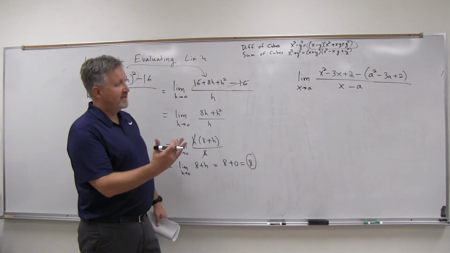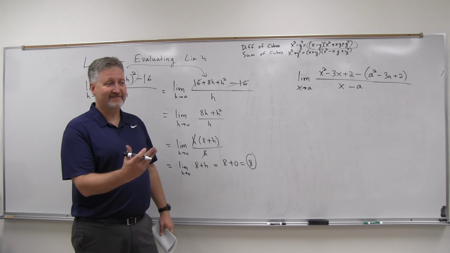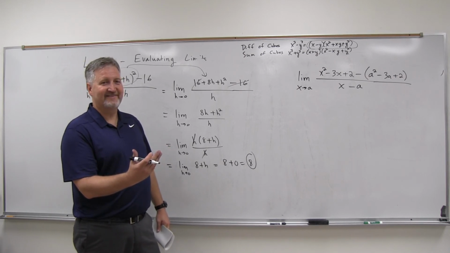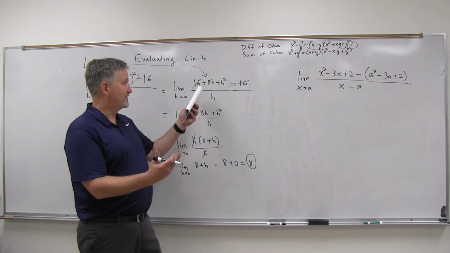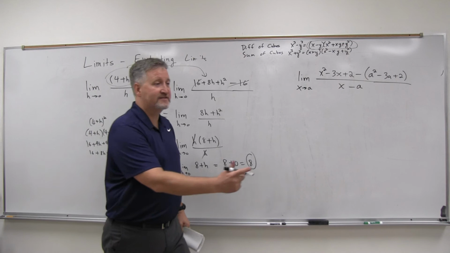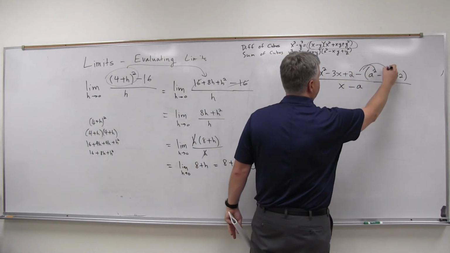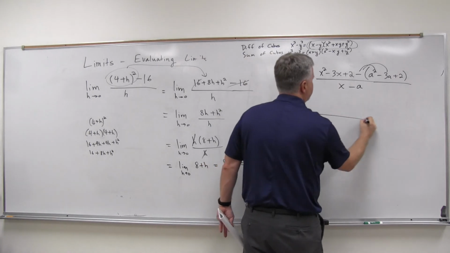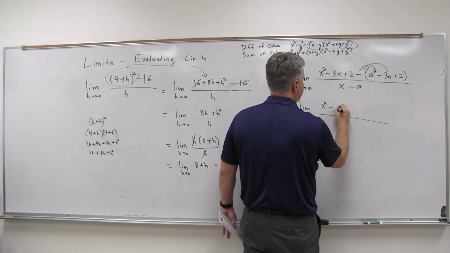Now, in this particular case, any ideas? Well, a little simplifying. What if I go ahead and distribute that minus sign there? Get the limit as x approaches a. So that'll be x squared minus 3x plus 2.